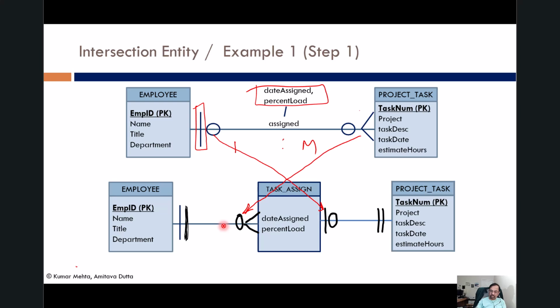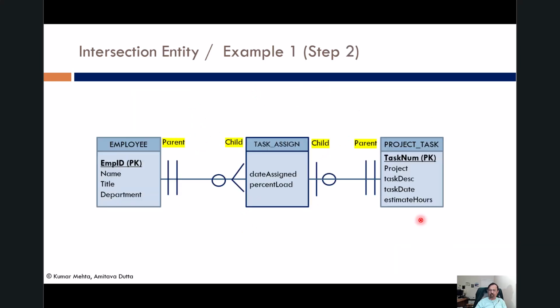So let's see what would be the next step once we have used this intersection entity to represent relationship attributes. How would we implement this intersection entity and its relationships with the two connecting entities, employee and project? First, we assign parent-child. Here's a one-to-many relationship from employee to the task assignment, this intersection entity.